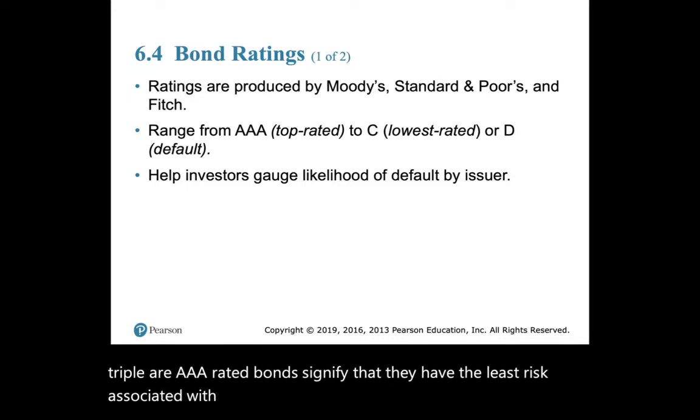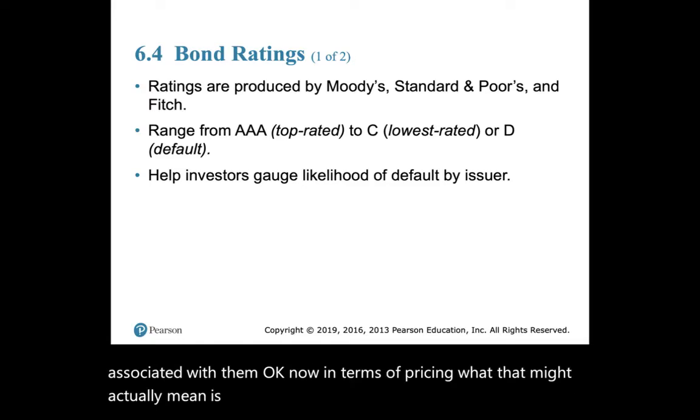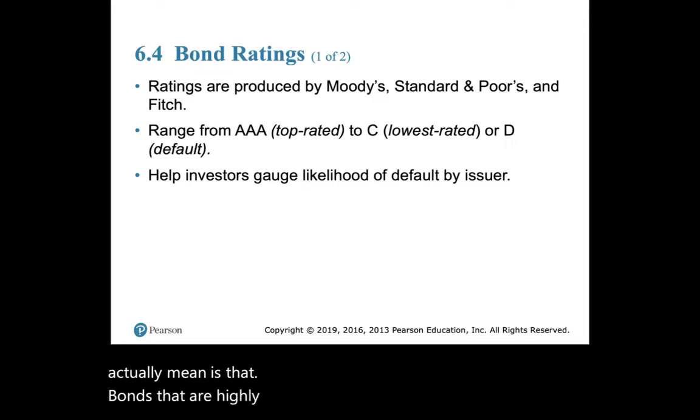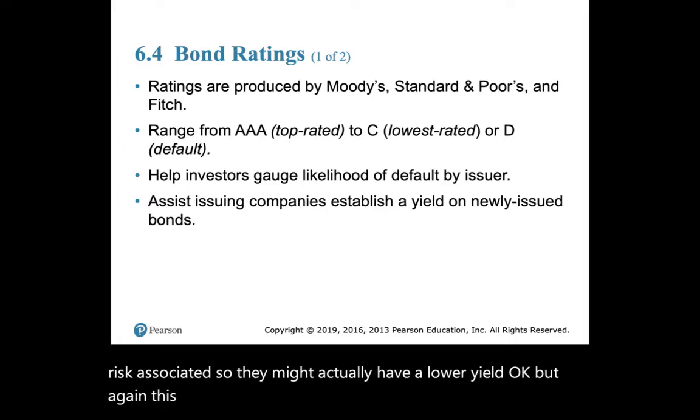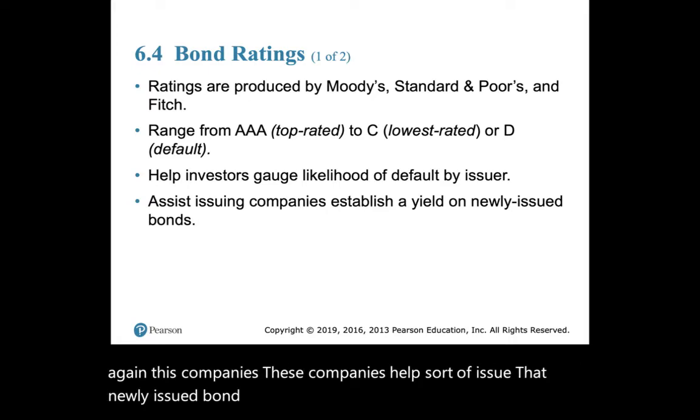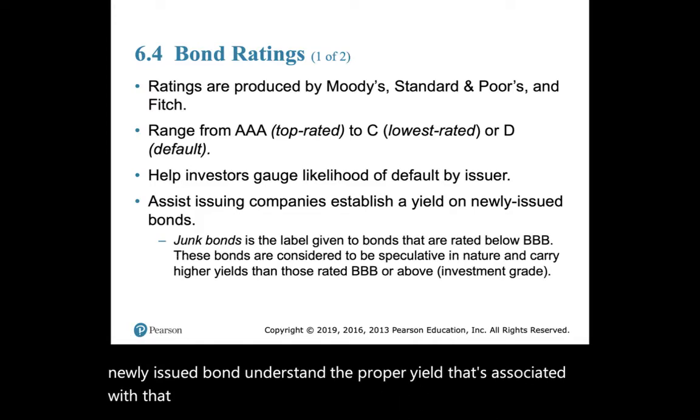In terms of pricing, that might mean that highly rated bonds, which do have less risk, might have a lower yield. These companies help the newly issued bond understand the proper yield that's associated with that bond.